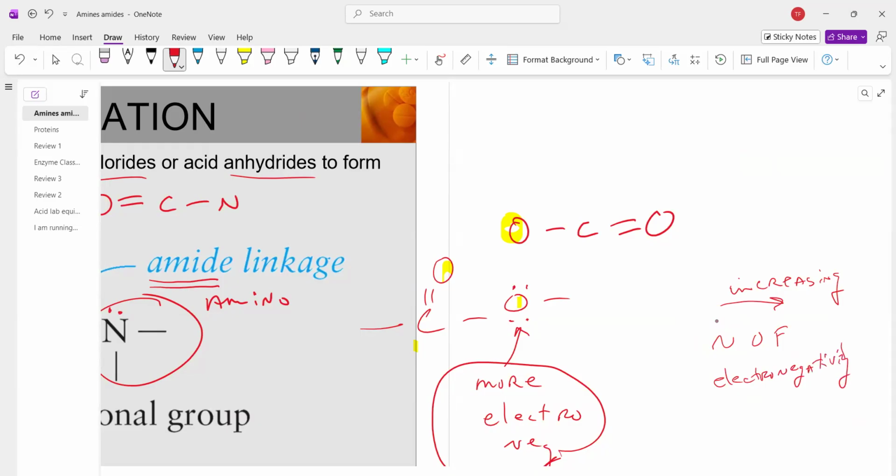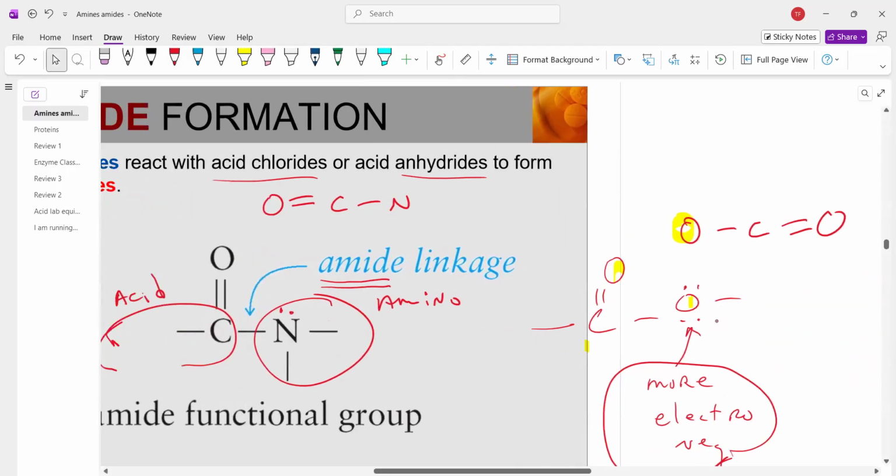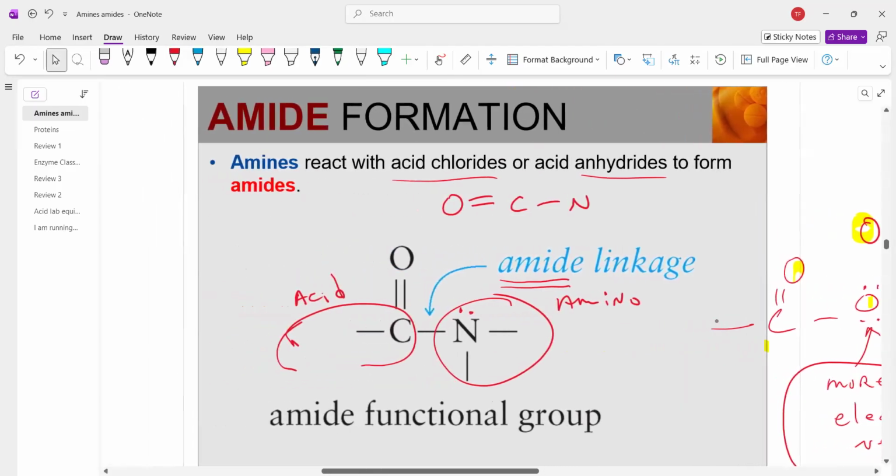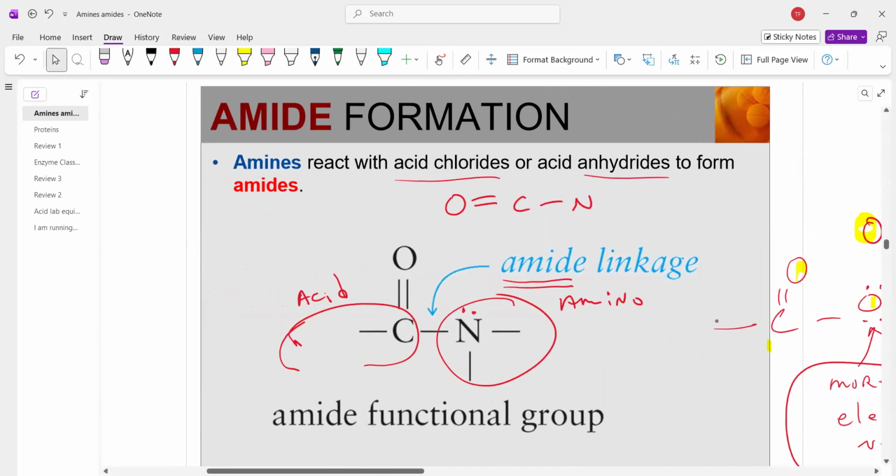So that's one of the reasons why the esters are a little more stable than amides, although amides aren't too bad. All right.